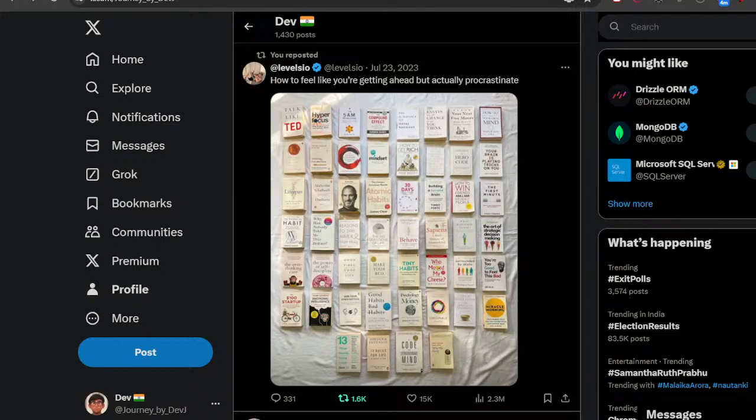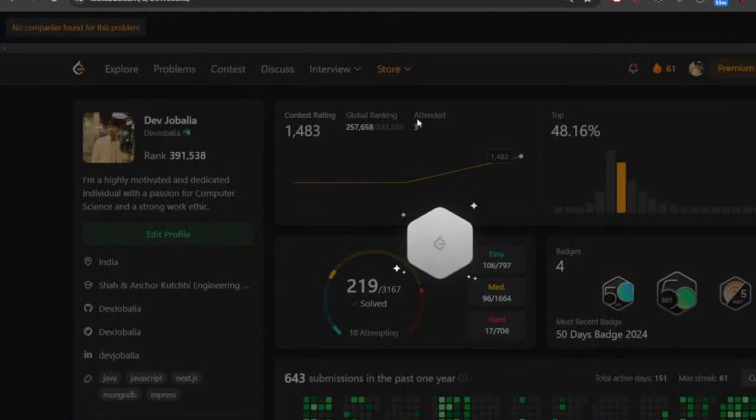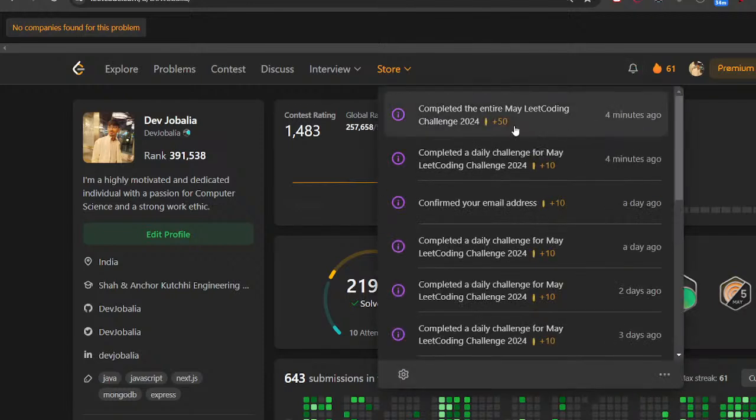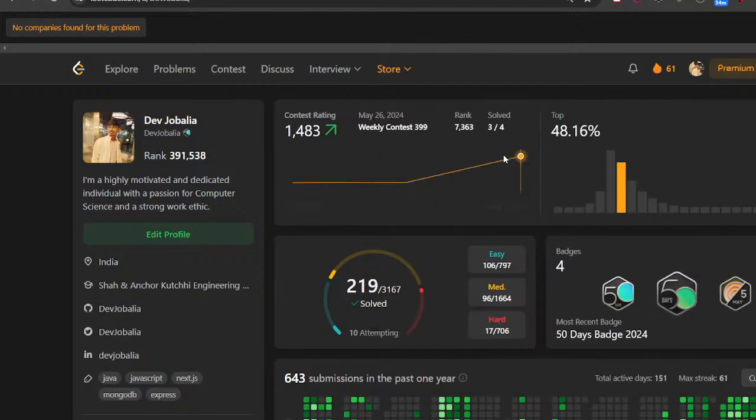Levels.io is quite a cool guy, man. I got 10 coins, 50 coins. So tomorrow is contest. We will be there as well. Our tweet part has been done.